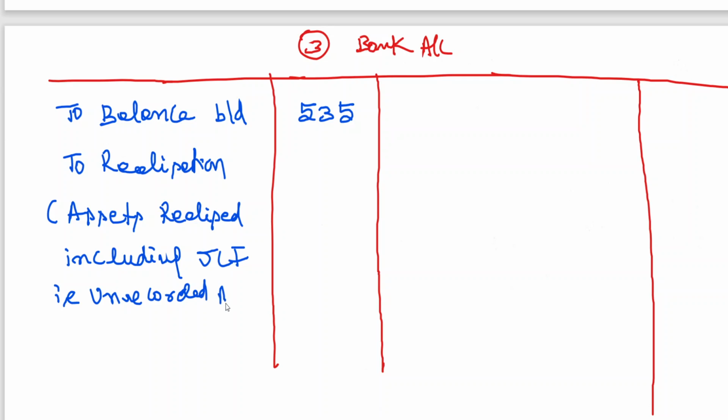In one of the previous problems, we have seen that it has been recorded. In this case, it has not been recorded. Assets realized including joint life policy, that is unrecorded asset. It is coming to 44,700.